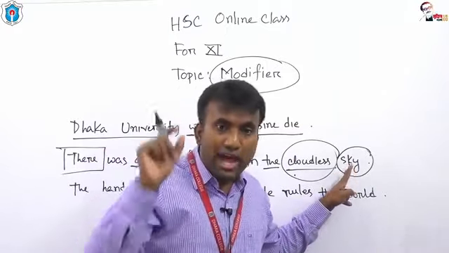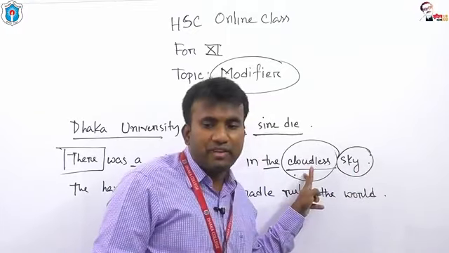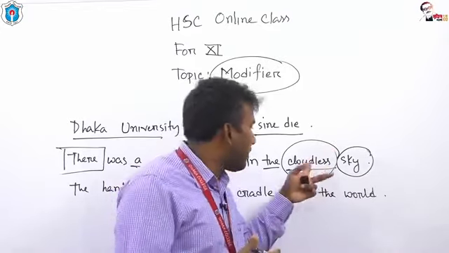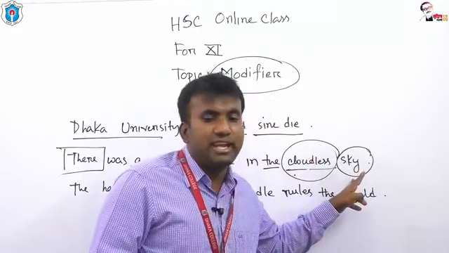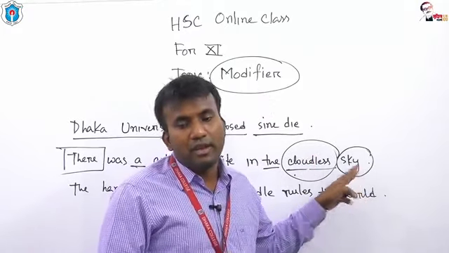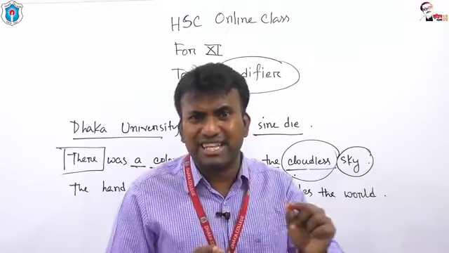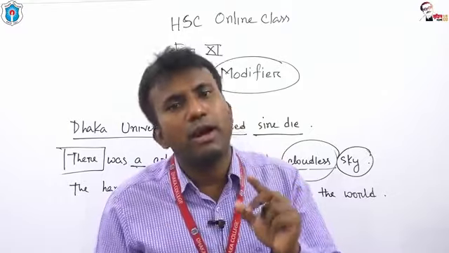As noun is being influenced by cloudless, I can say cloudless is an adjective, and cloudless has become a modifier because it has influenced noun. If any word influences any other word in a sentence, this word will be a modifier.